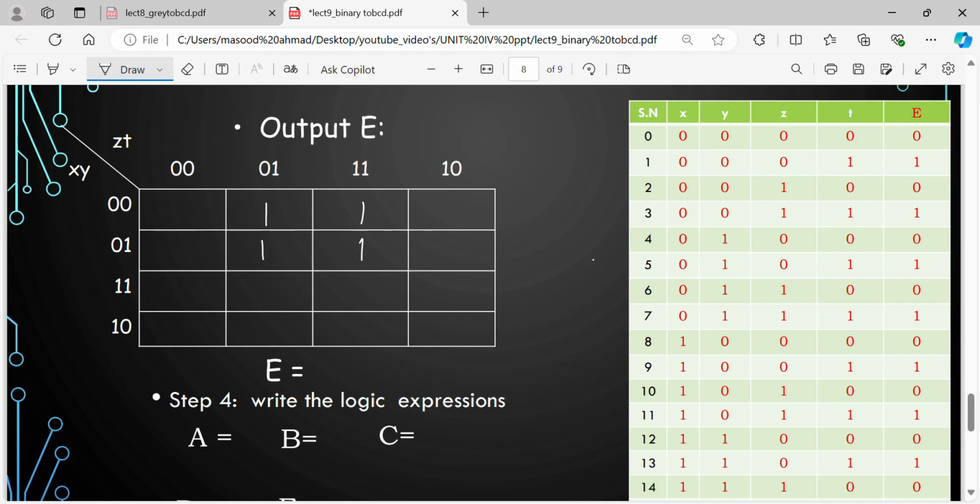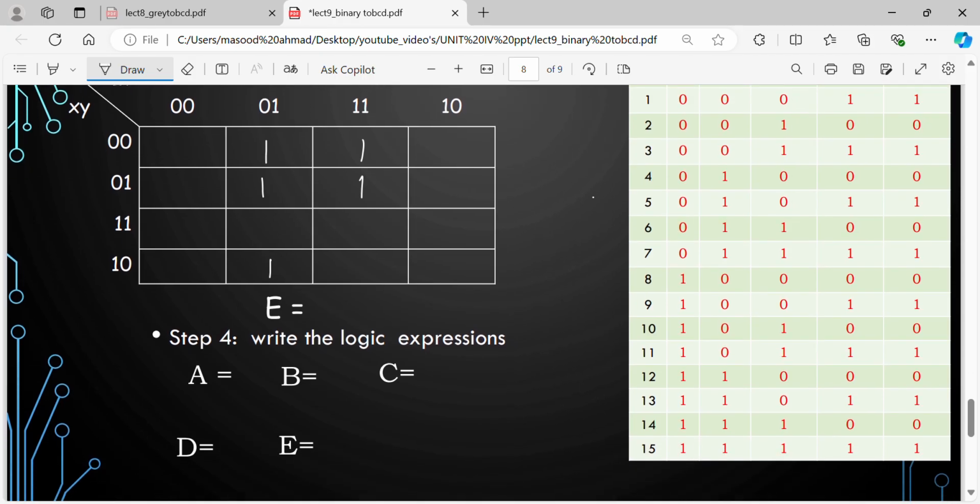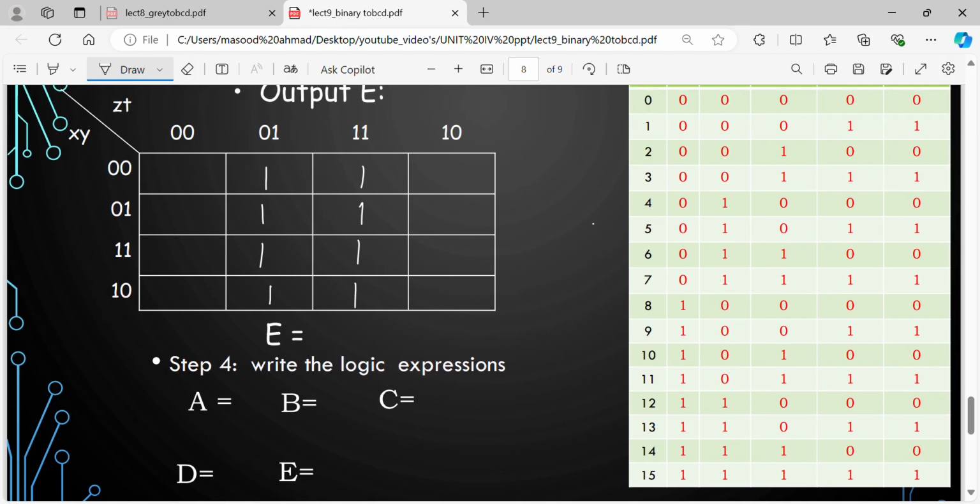Then for 9 it is 1. Where exactly is 9? 9 is here. After the 9, for 11 it is 1. Then for 13 it is 1. For 15 it is 1. Anything more? No, nothing. So what can I do? I can combine like this.